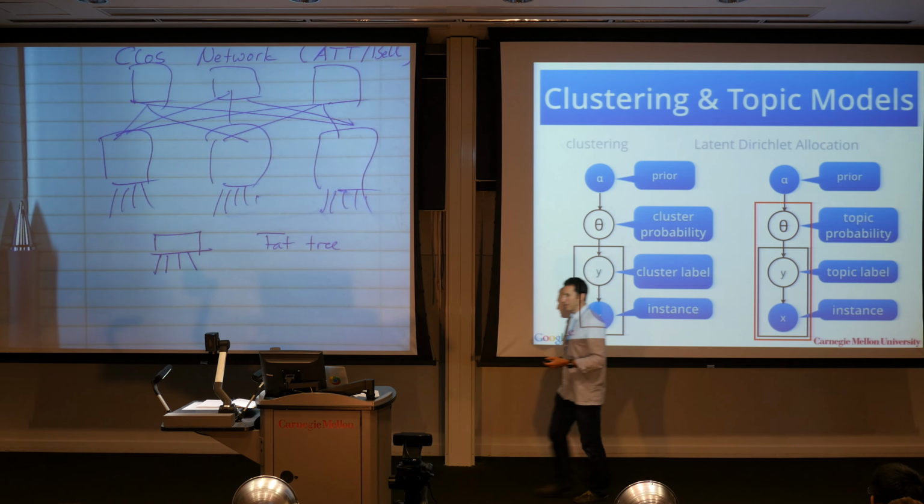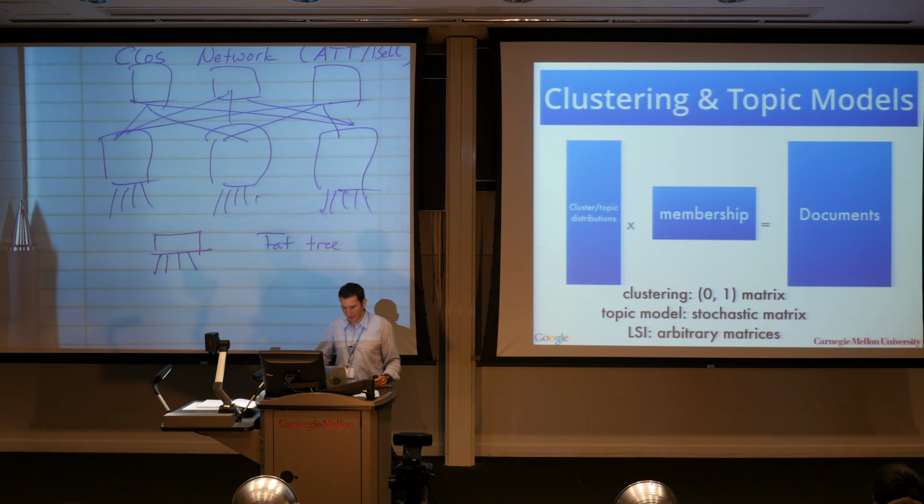Okay. There's another way of viewing it. It's basically you have documents and you essentially perform matrix factorization. This also explains why various factorization approaches to document modeling give you something that doesn't look that terribly different in many cases. So basically, in clustering, this membership matrix just contains a single one and all other zeros.